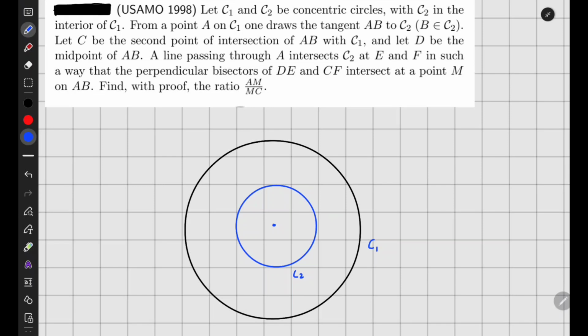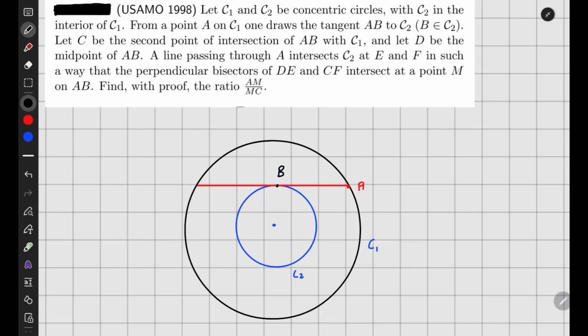From a point A on C1, so not P, this is A. From this A on C1, draw a tangent AB. This is our AB, right?